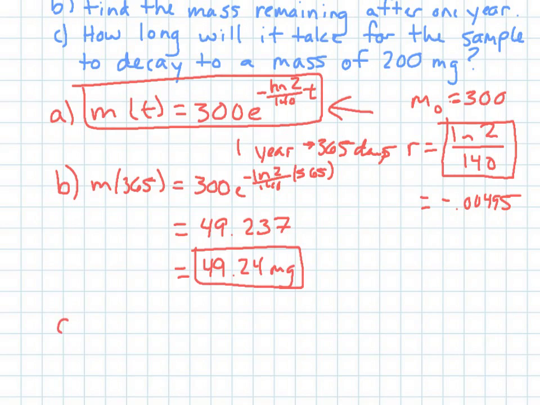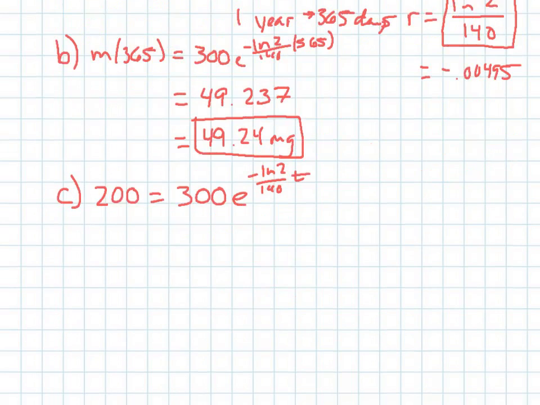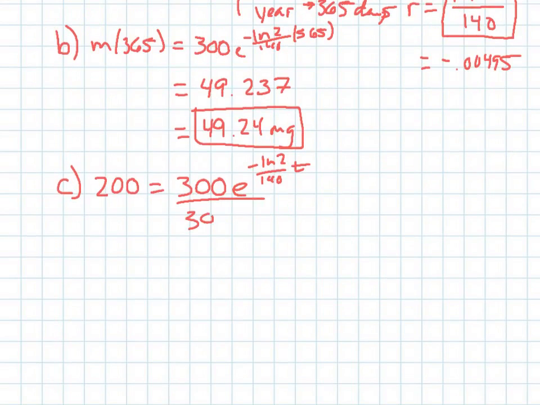Letter C wants us to do the reverse, kind of like the other ones. So instead of 100,000, I want to see when I'm going to get 200 milligrams. So I set that equal to 300e to the negative ln 2 divided by 140 times t power. Here I'll divide by 300, so it gives me 2/3 when I reduce.